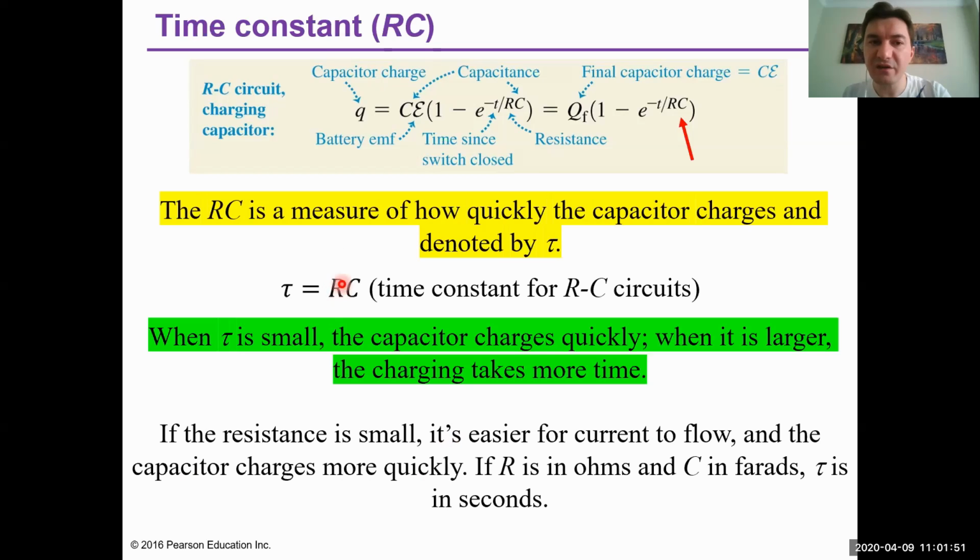If you decrease the resistance, then tau will decrease, and as we have explained, the capacitor charges quickly. R is given in ohms and C is given in farads, as we have seen in chapter 24, and tau is given in seconds as a unit in the SI system.